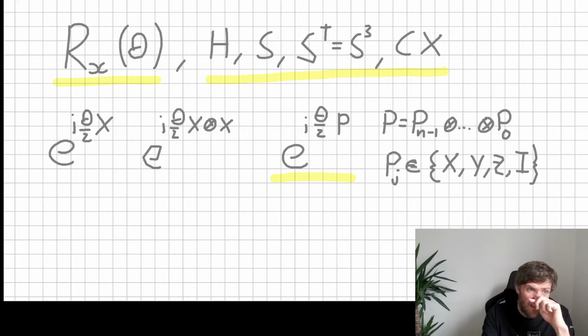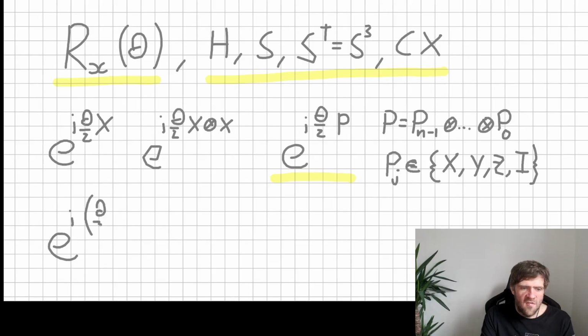And the simplest one is where we just take e to the i and then theta over 2 of some Pauli P plus some theta prime over 2 of some other Pauli P prime. That is not of the same form. So how can we use gates such as this to create gates such as this?